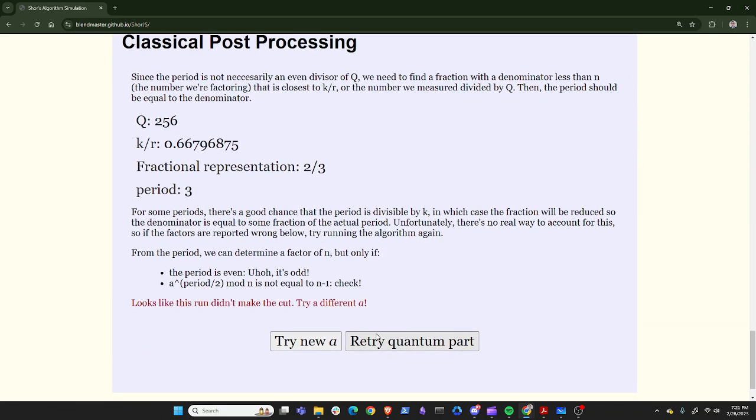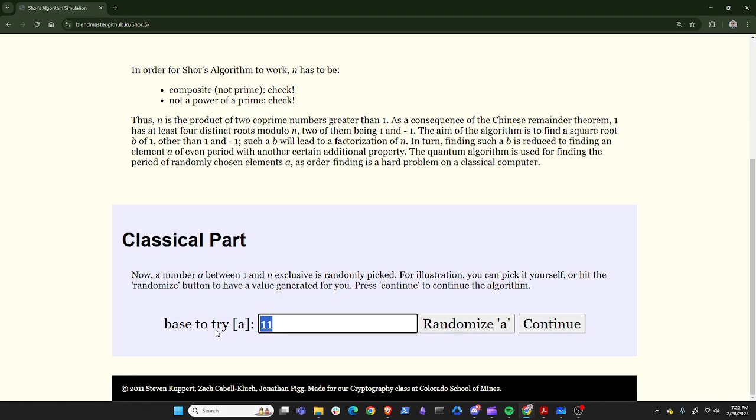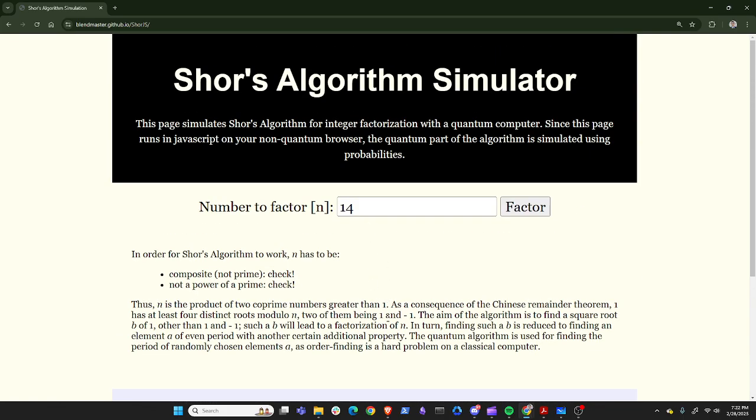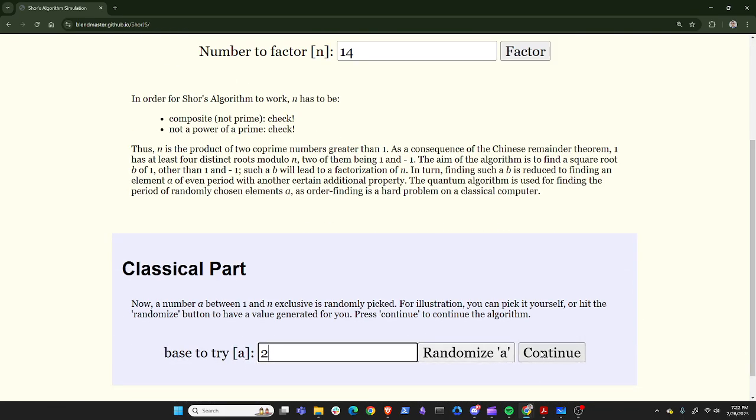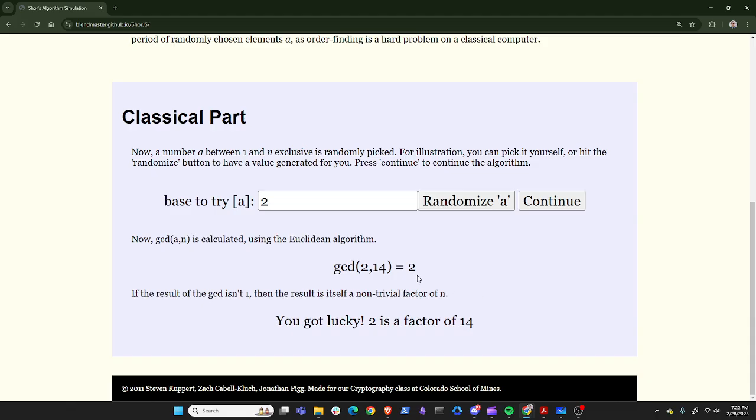Oh, let's try an a we know is going to work. Let's try 2, which is a factor of 14. So let's see what happens when we pick a number that is already a factor. So the greatest common denominator is not 1, so we found a non-trivial factor.